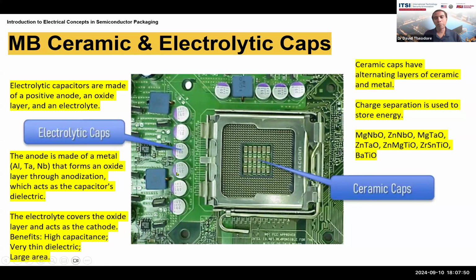So they're large. In contrast, ceramic capacitors have alternating layers of ceramic and metal. In both of these, charge separation, positive versus negative, is used to store the energy.